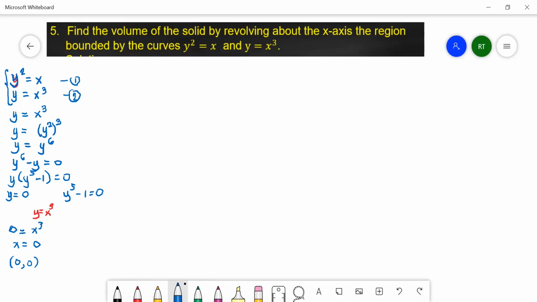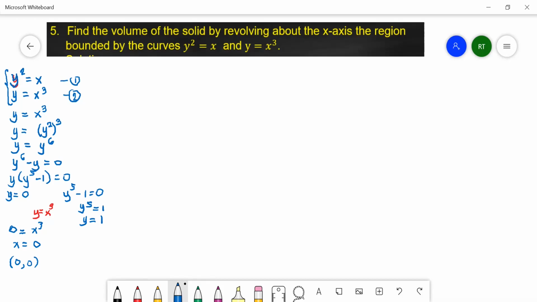So let us have another point of intersection by considering y to the fifth minus 1 is equal to 0. So y raised to 5 is equal to 1. And getting the fifth root of both sides of the equation will give us y is equal to 1. And when y is equal to 1, what is the corresponding value of x?